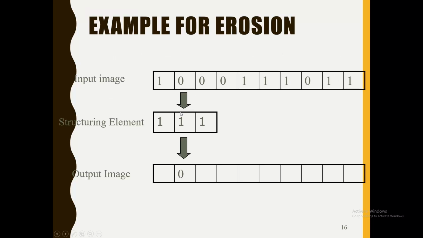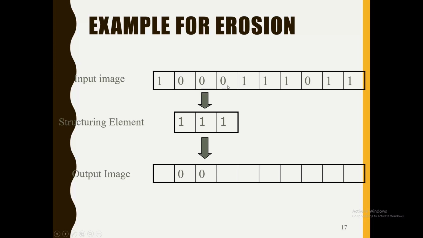This one is an input image and this one is a structuring element. Now if the structuring element coincides with this one, it does not completely fit this position. Here 1 1 1, here 1 0 and 0. So in the place of the structuring element center we have to put 0 because it does not completely fit.